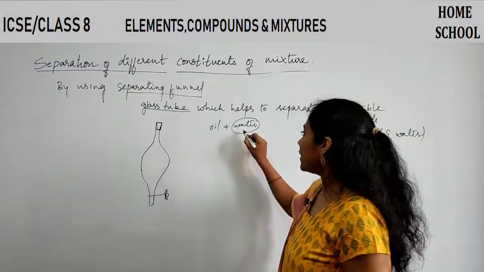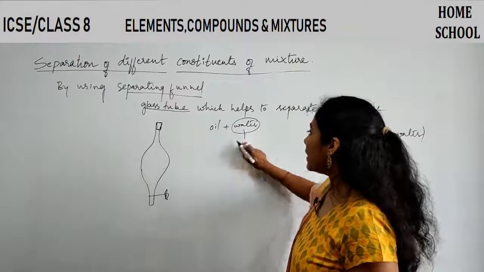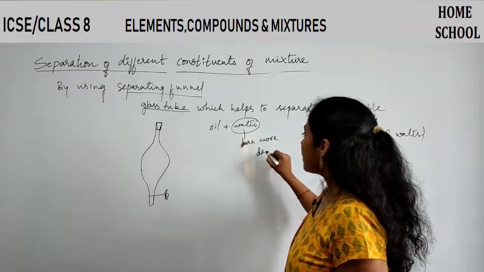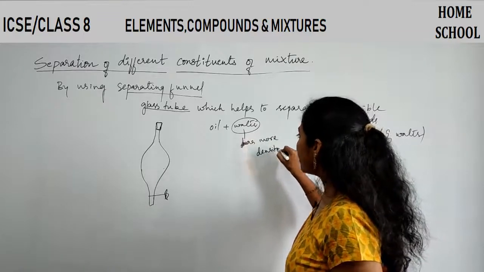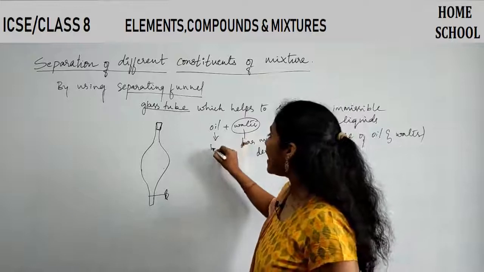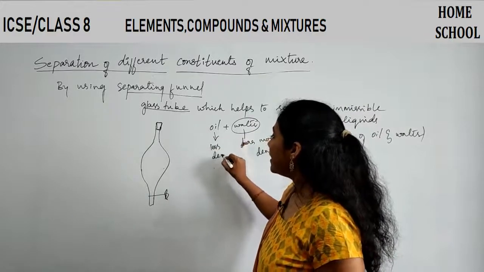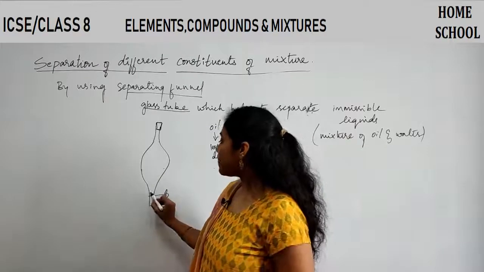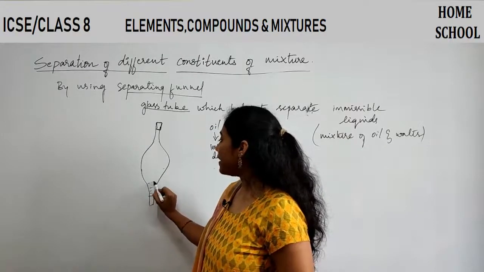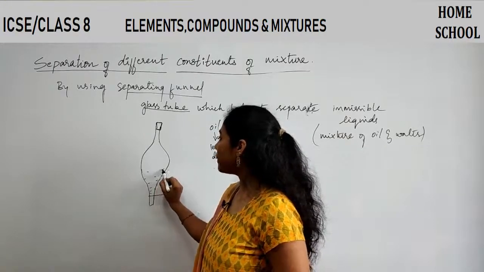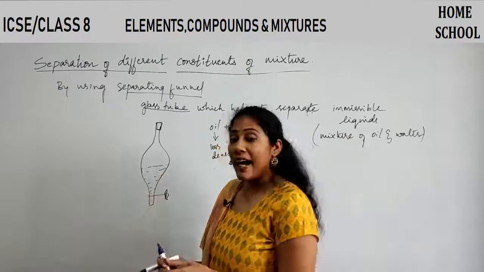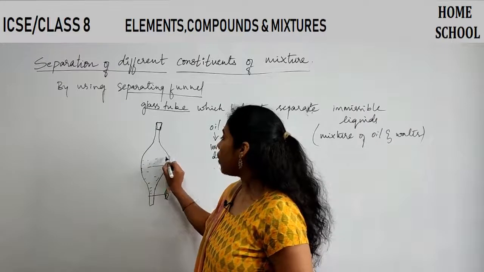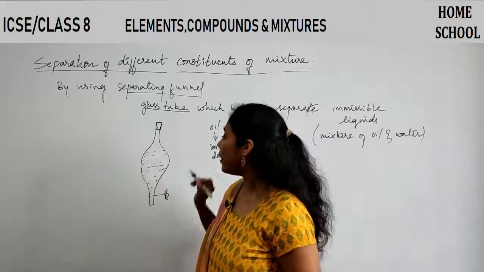Definitely the water, isn't it? So water has more density, and oil is less dense. The liquid which is more heavy, more dense, will settle at the bottom. And the liquid which is less dense will settle on top. It will remain on top.